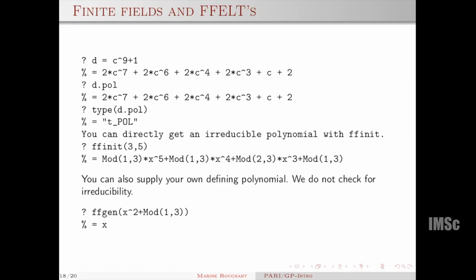You can at any moment get this expression by asking for the polynomial associated to B. And this polynomial is just a polynomial. It's not in a finite field anymore. It's not a mod something stuff. It's just a polynomial with coefficients in Z.